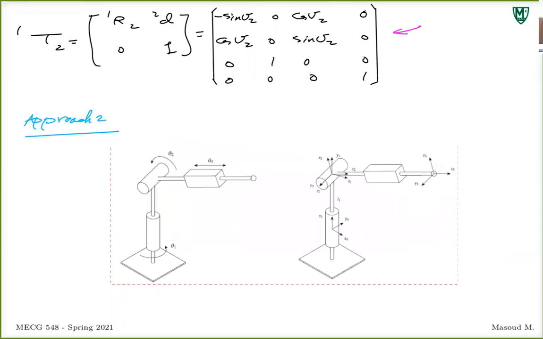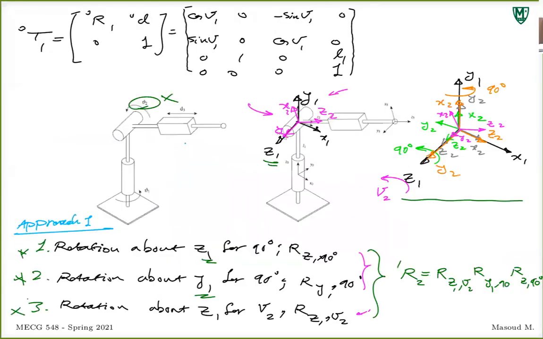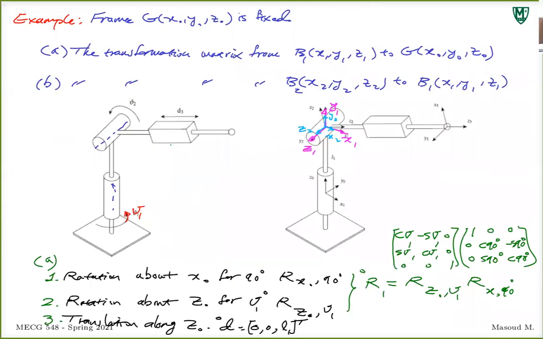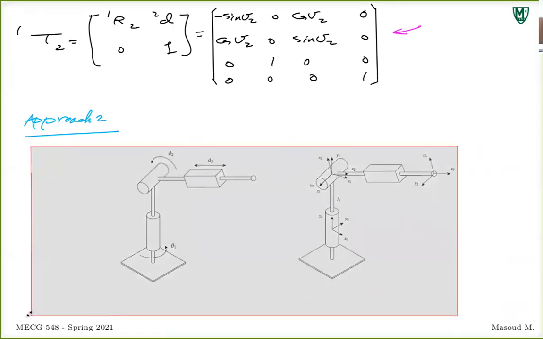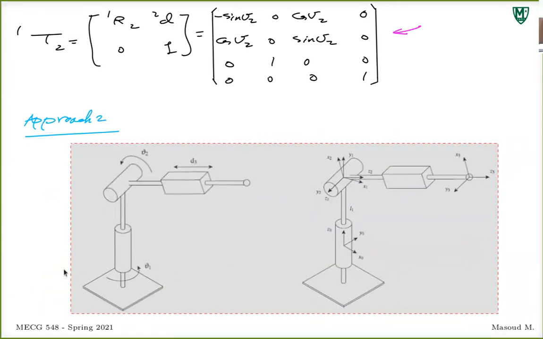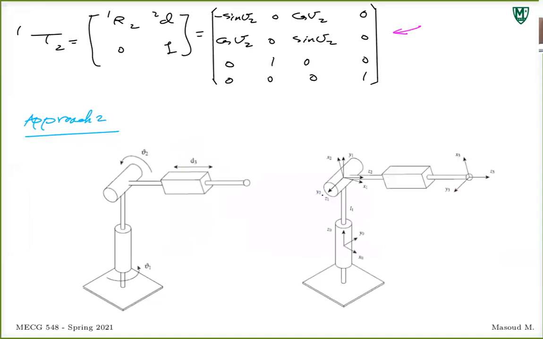Remember, we are going from part B, from B2 to B1, these two right there. I'll write the procedure on the next page. I want to go from X1, Y1, Z1 to X2, Y2, Z2. The first approach, we did that. We made a couple of rotations.